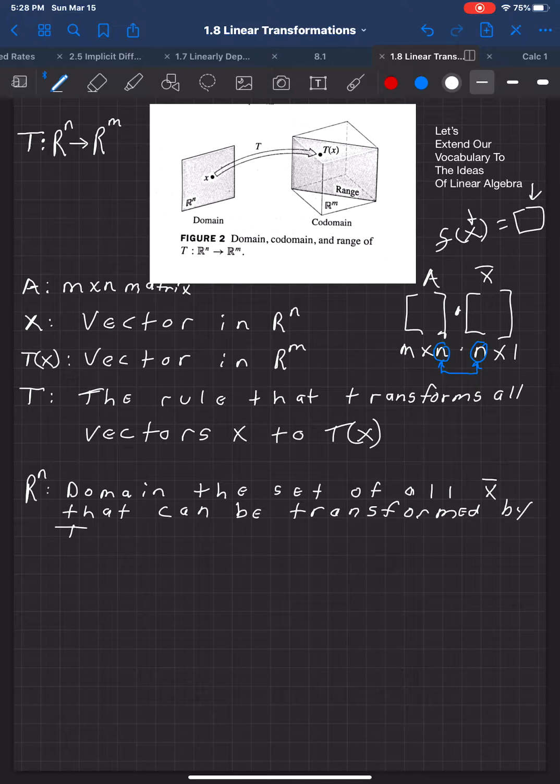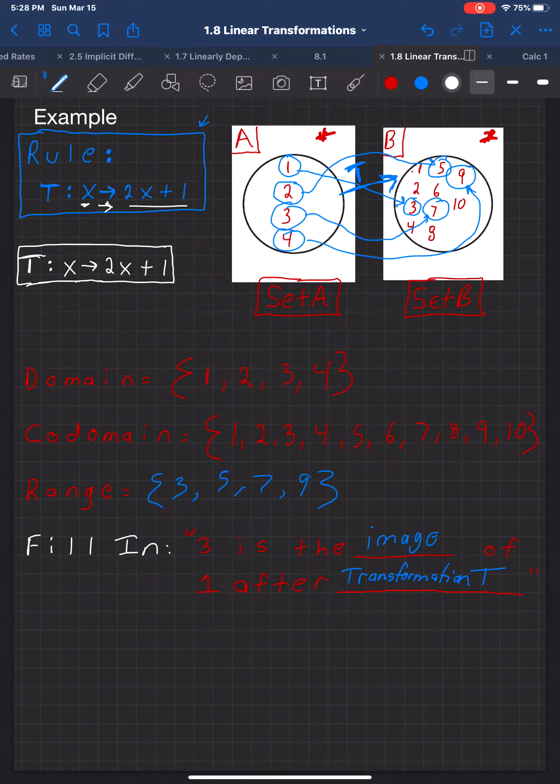Last, we're moving along. How would you think about Rm? Remember, the codomain in that earlier example was 1 through 10. You couldn't reach all of 1 through 10 through that function, that transformation, but the codomain was the numbers 1 through 10.